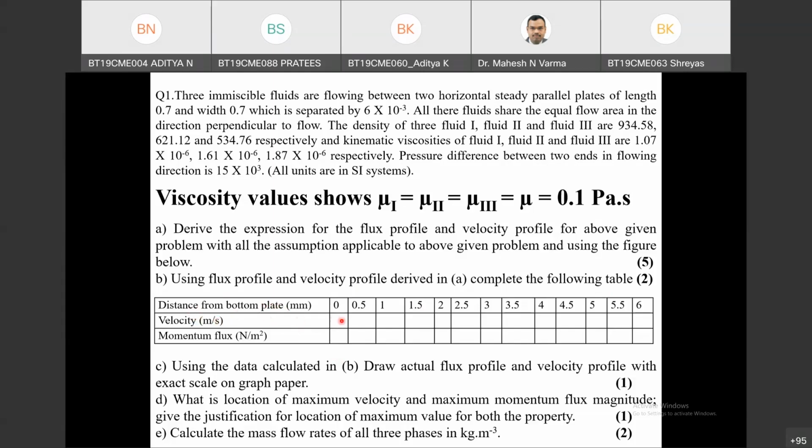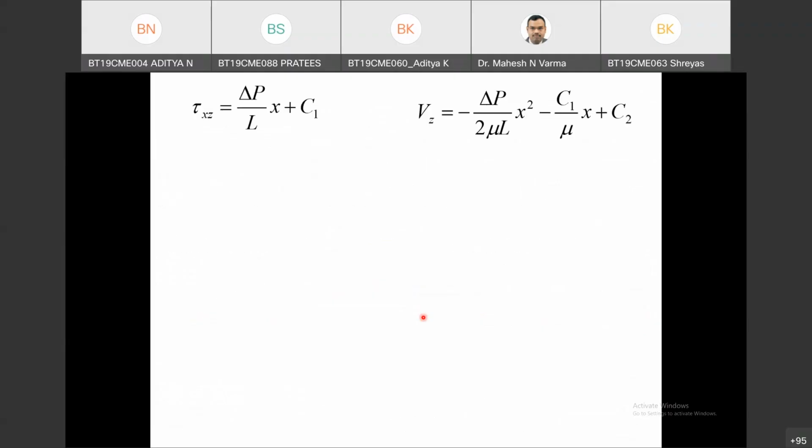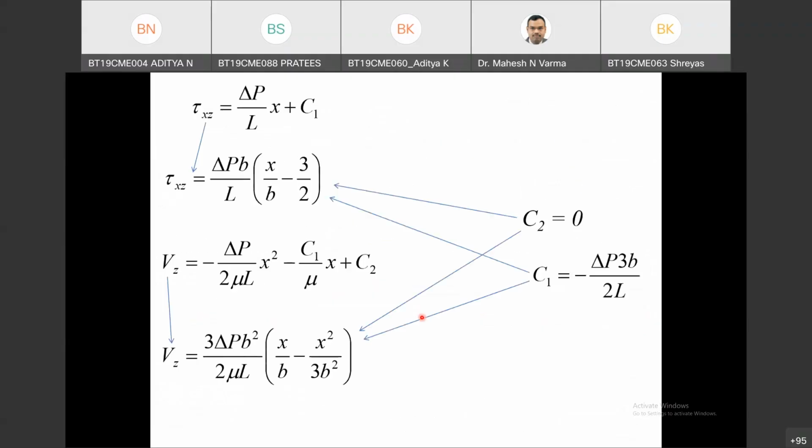So this is velocity you can calculate at 0. Certainly it will be 0. At 6 it will be 0. You substitute the value of x as 0.5 mm, 1 mm, 1.5 mm and get the value of velocity using this velocity profile equation.